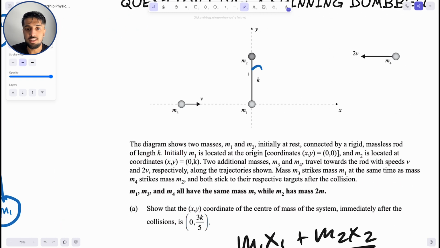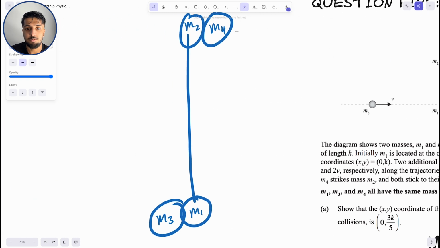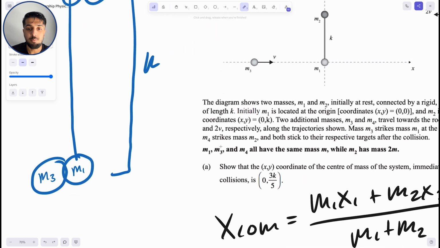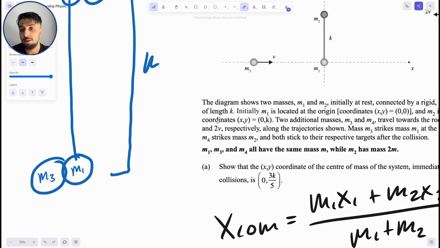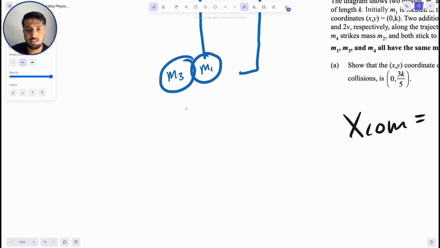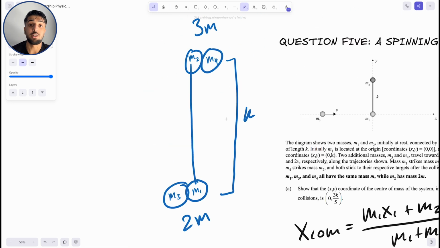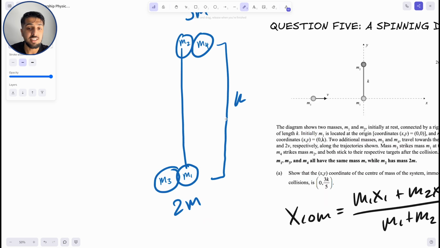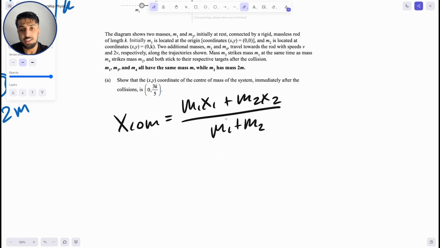Now we know that this distance is k, and we know that m1, m3, and m4 all have a mass of m, while m2 has a mass of 2m, thus this mass up here is 3m, and this mass down here is 2m. Now in order to calculate our center of mass, we need to set an origin point. If we set m1 as the origin, this means that x1 will equal 0.